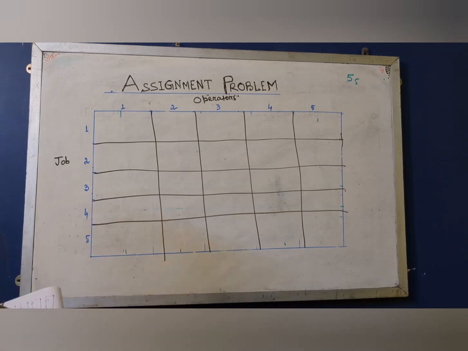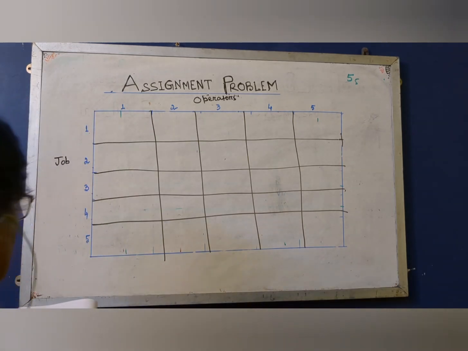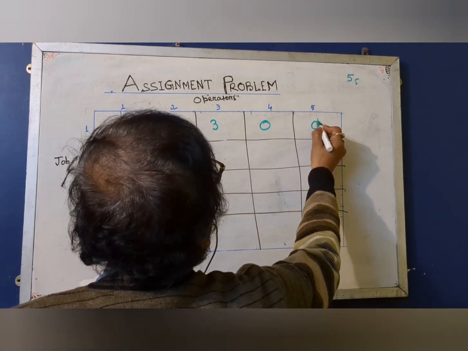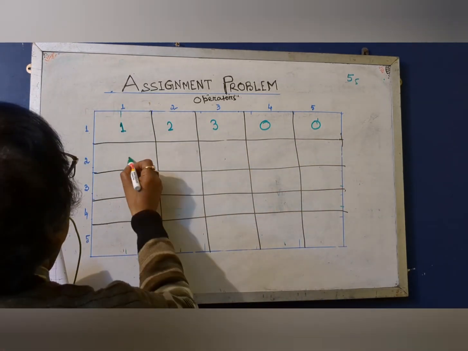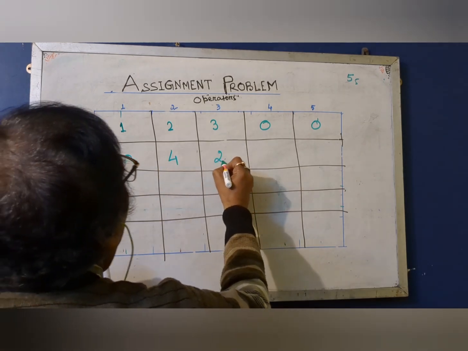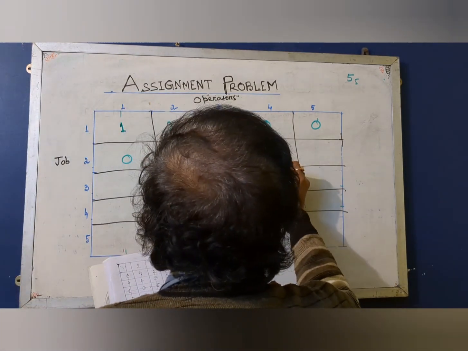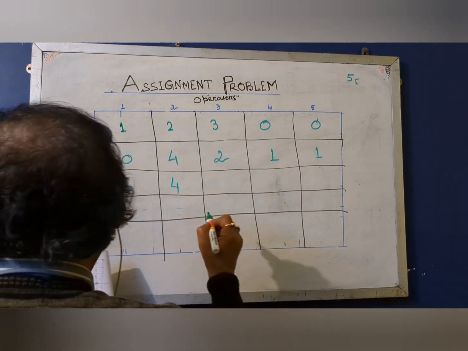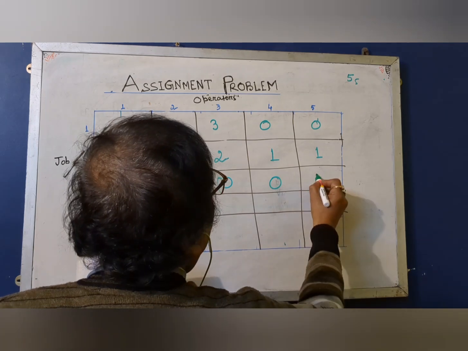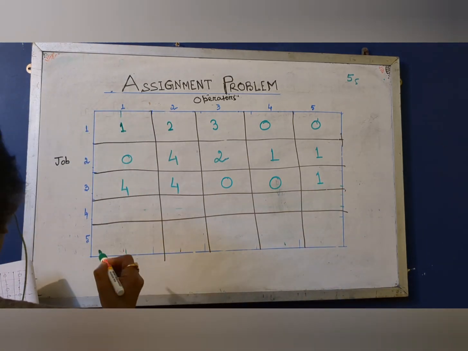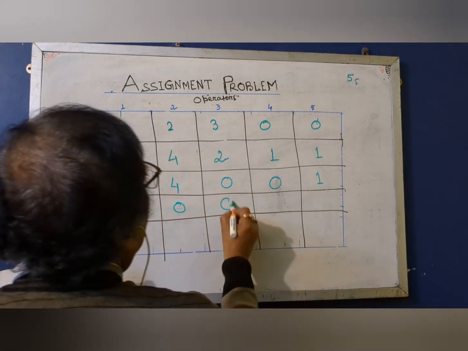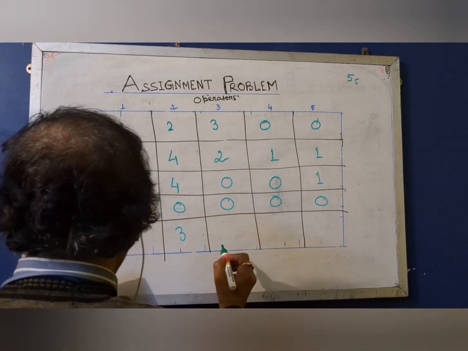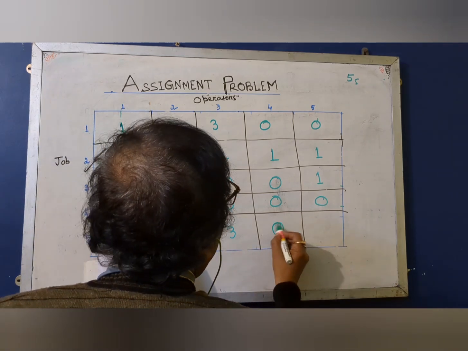What was the value? 1 2 3 0 0, this was the last matrix. 0 4 2 0 4 2 1 1 1 1 4 4 4 4 0 0 1 0 0 and 1 and 1. This is 1 1 2 3 4 and 0 3 0 3 3 0 4.